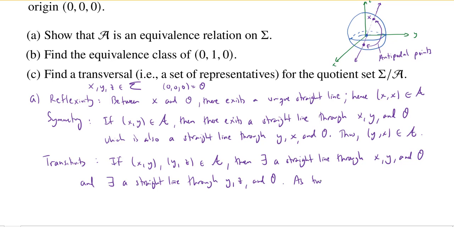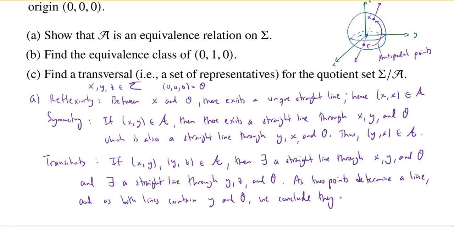As 2 points determine a line, and as both lines contain y and the origin, we conclude they're the same line. But again, a line passing through the sphere can only hit in at most 2 points.